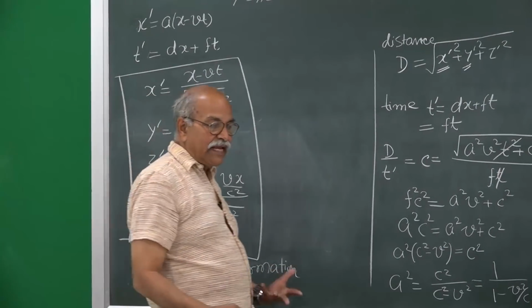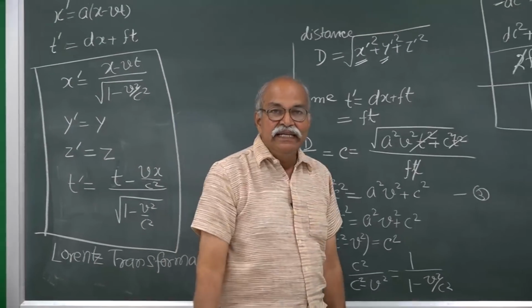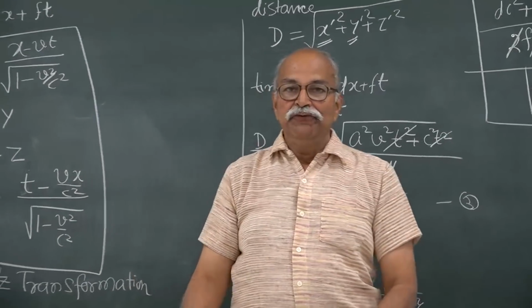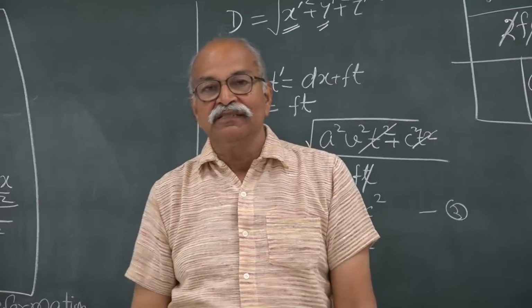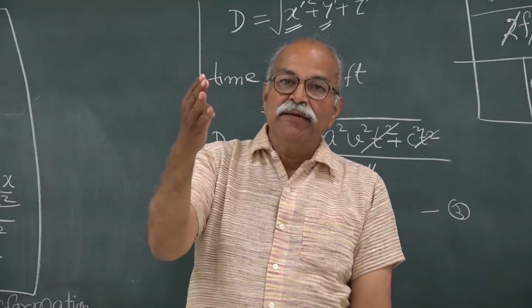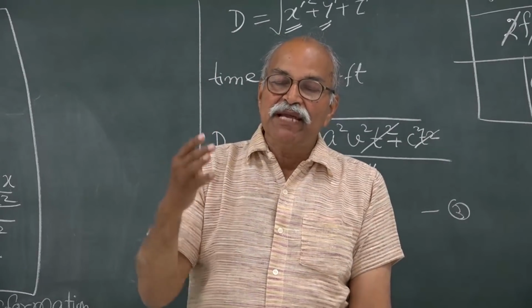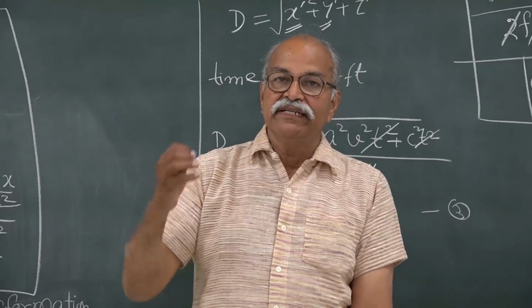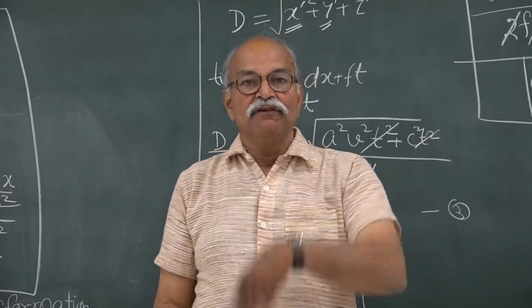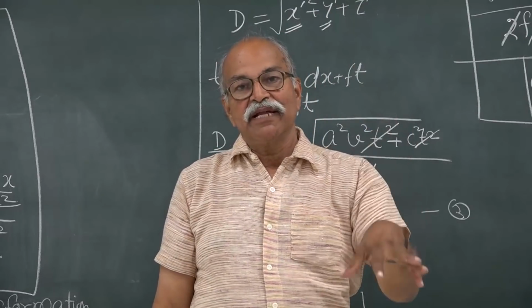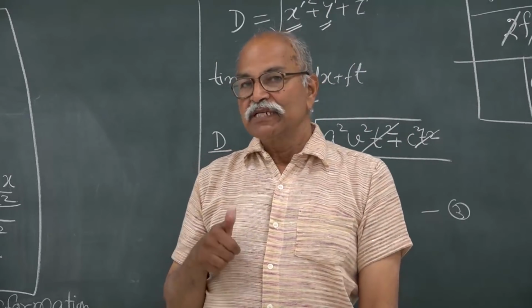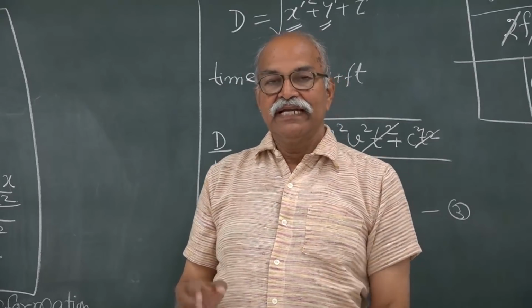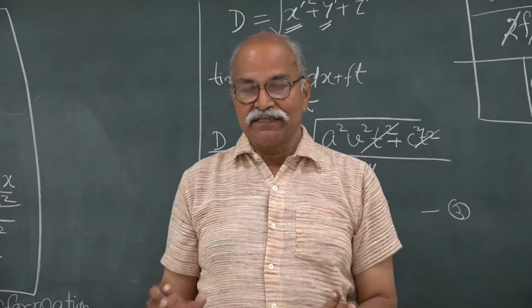which will take the place of the Galilean transformation. If you want the inverse transformation, if x prime, y prime, z prime, t prime are known and I want to write x, y, z, t in terms of them, I can use the principle of relativity. S and S prime have the same status.